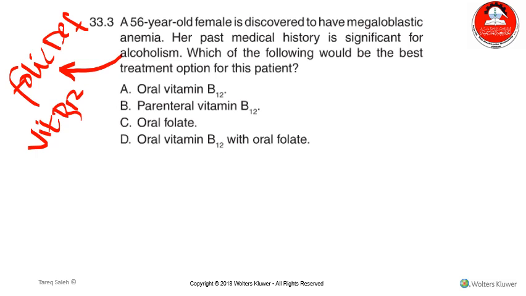The answer to that question, especially that you're not sure which vitamin deficiency is causing this megaloblastic anemia, you would always need to use a combination of vitamin B12 and folate at the same time.